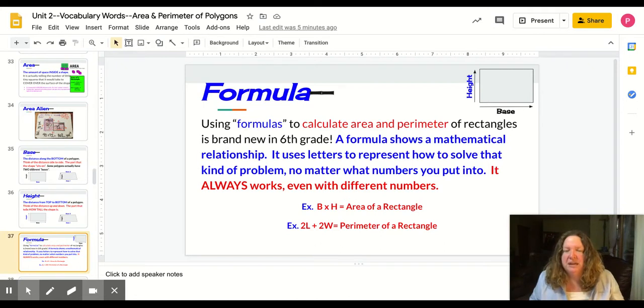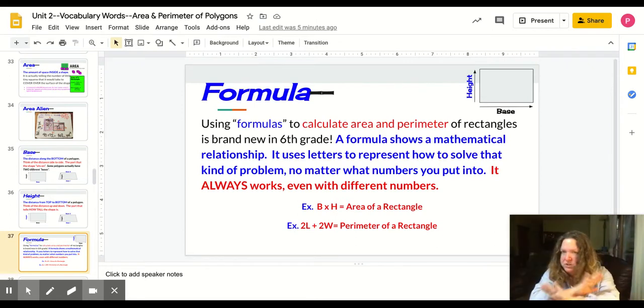Formulas will show up from 6th grade all the way through 12th grade, and even into college and into life as an adult. Formulas show a mathematical relationship. They use numbers and letters, and they use the letters to represent how to solve that kind of problem, no matter what numbers you put in. So that's kind of cool.